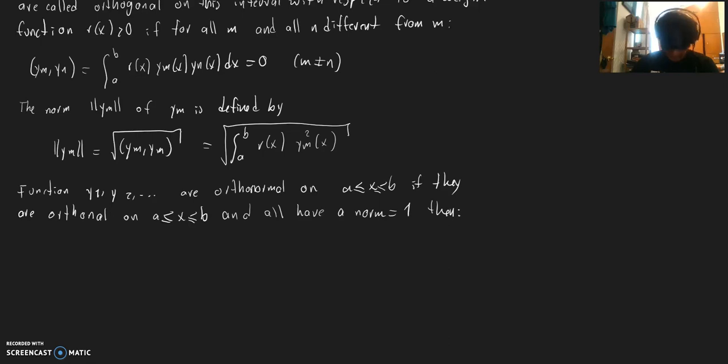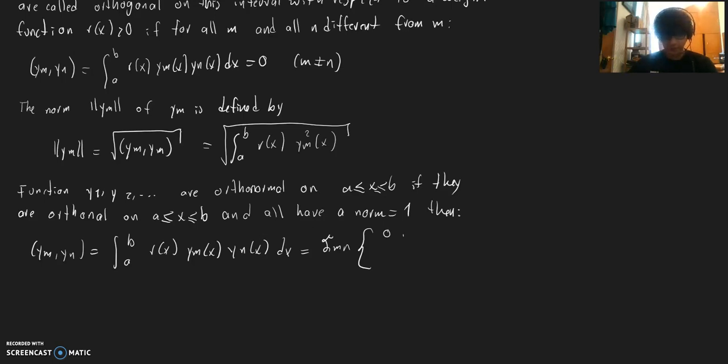Then we can make another assumption. The evaluation of this integral of r times ym times yn dx would be equal to this function, where it is equal to 0 if m is different to n, and equal to 1 if m is equal to n. Now we will talk about orthogonal series in the generalized Fourier series.